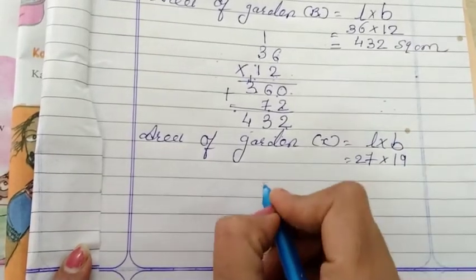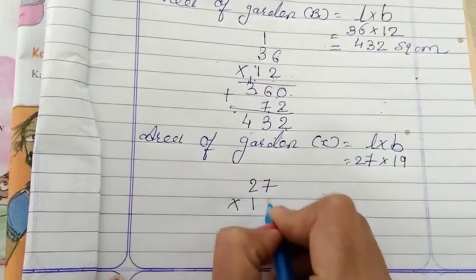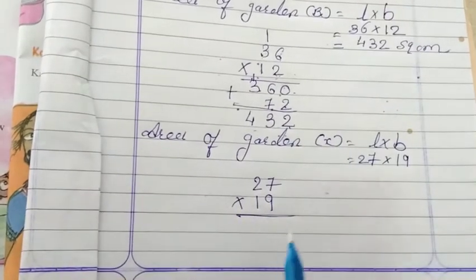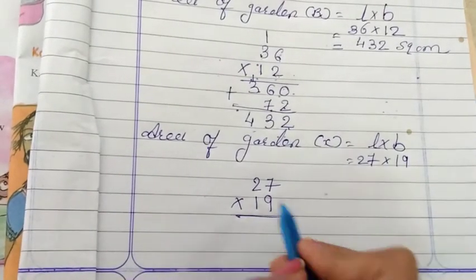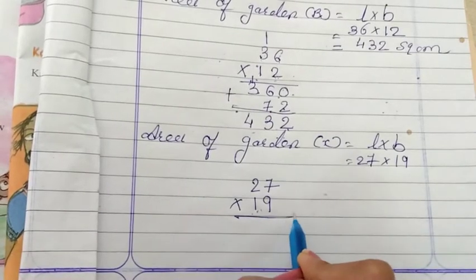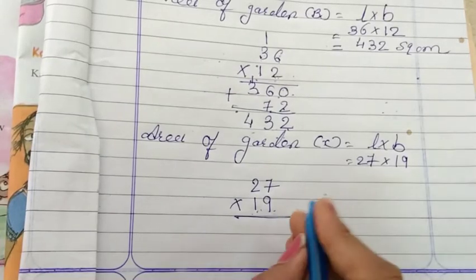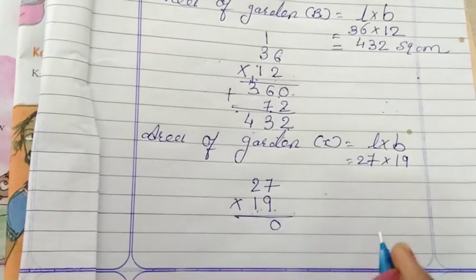Let's multiply here. 27 multiplied by 19. We'll start from which number? 1. After 1, right side only 1 digit. So for that we will write 1 zero.